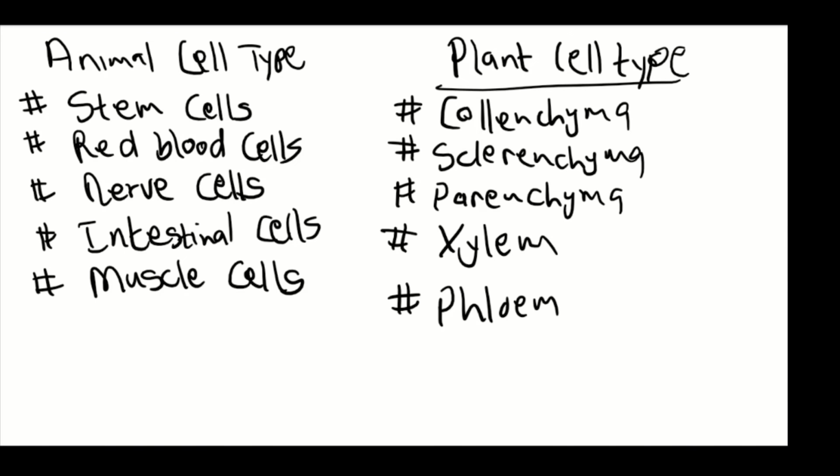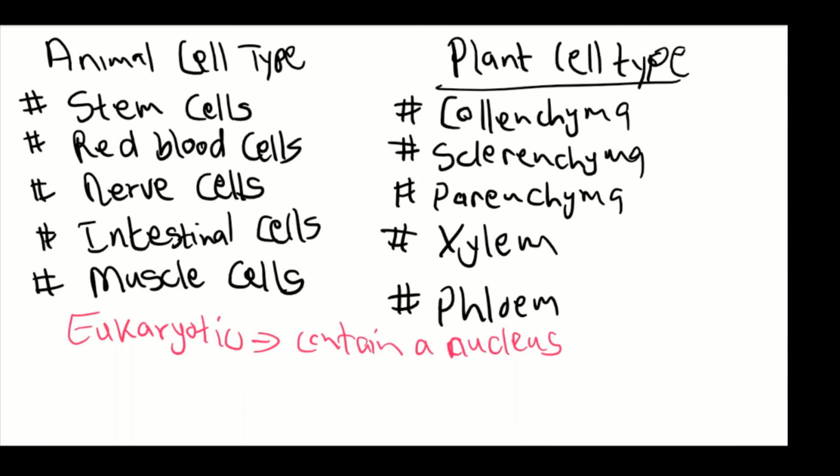So what you need to know also is that both animals and plant cells are considered eukaryotes or eukaryotic. Eukaryotic. So what this means is they contain a nucleus in them.